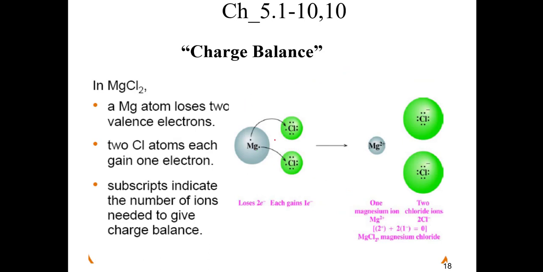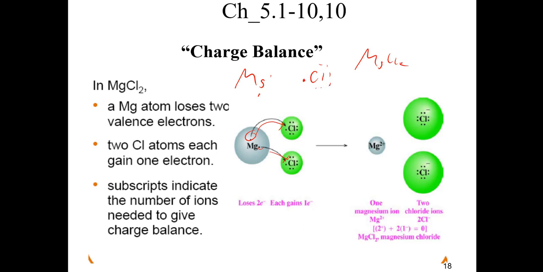Now the same thing happens with magnesium chloride, MgCl2. The magnesium donates its 2 electrons to 2 different chlorides. So let's reason this out. Here I have magnesium right there. Here I have a single chloride.